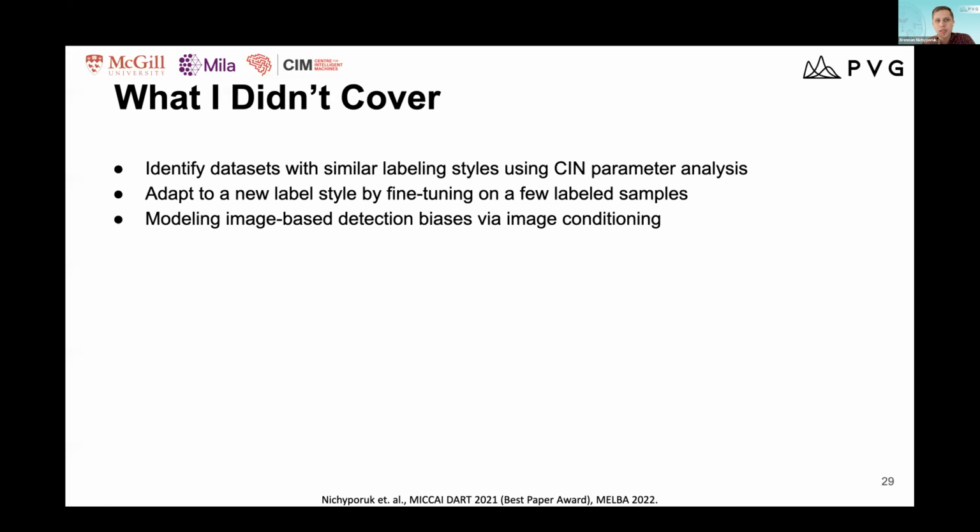Instead of just hoping that we generalize well to a new sample or a new data set, you can actually fine tune on a few labeled samples to learn the label style of that data set. And we also had a small part in the most recent extension about modeling image-based detection biases via image conditioning.